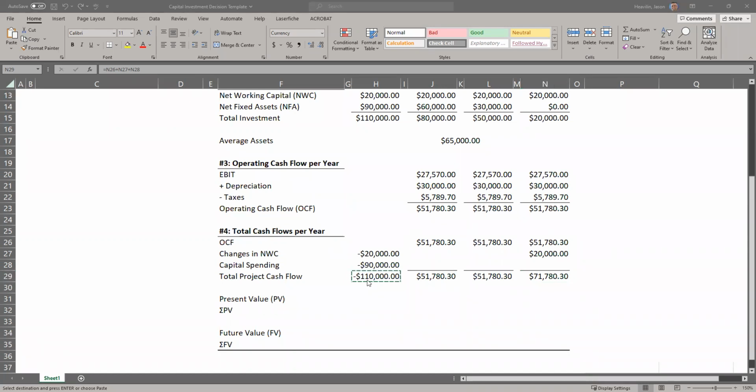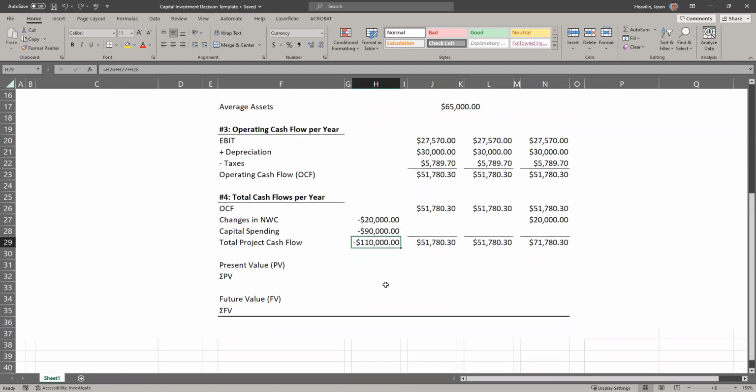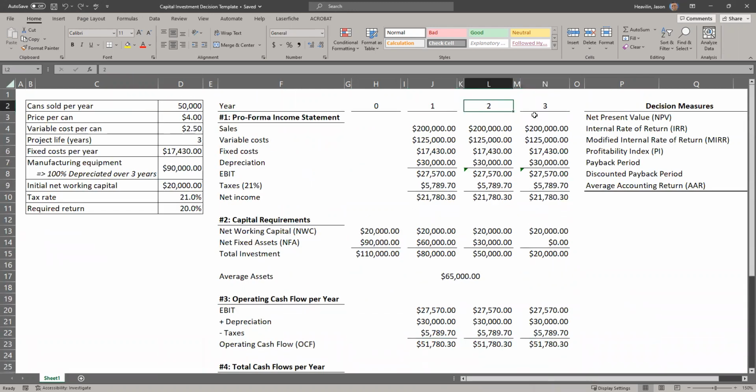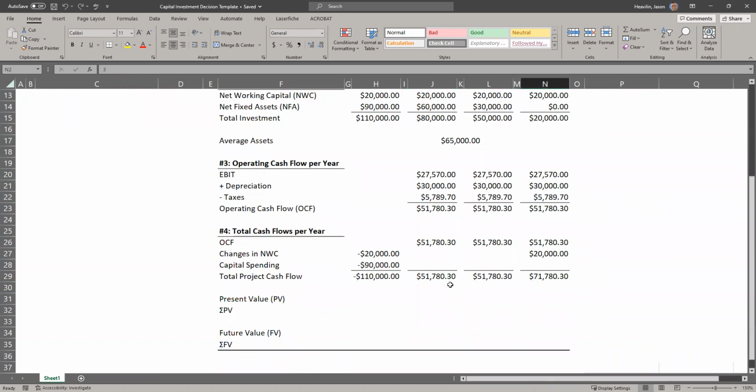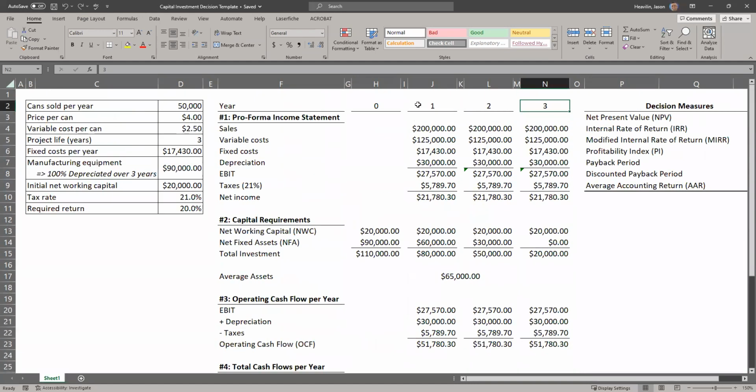All right. Now that we have the total cash flows for every year, we can talk about present value calculations. So for present value calculations, what we're doing is we're taking these cash flows that are in the future, year 1, year 2, and year 3, and discounting them to see what the number would be, their present value today.